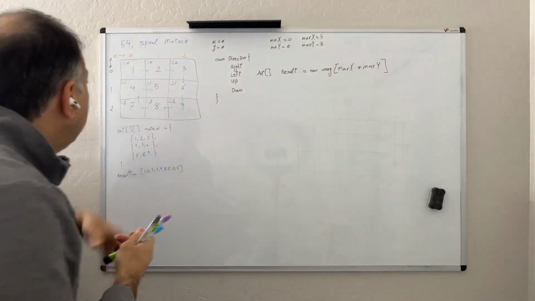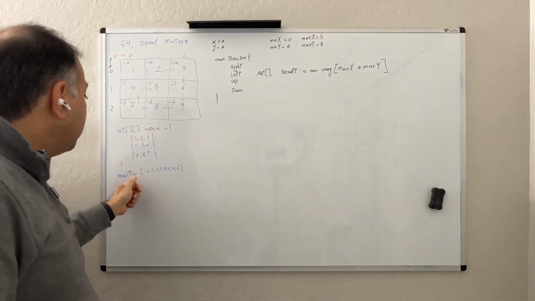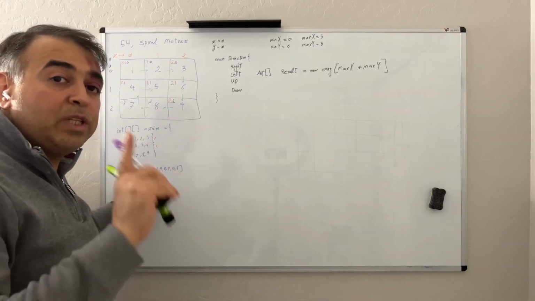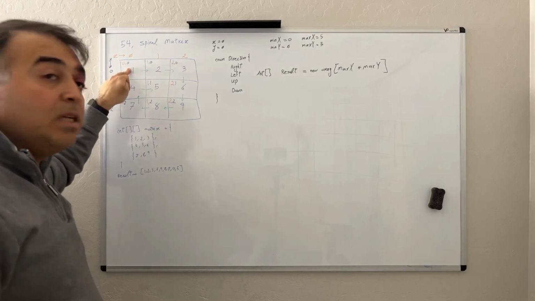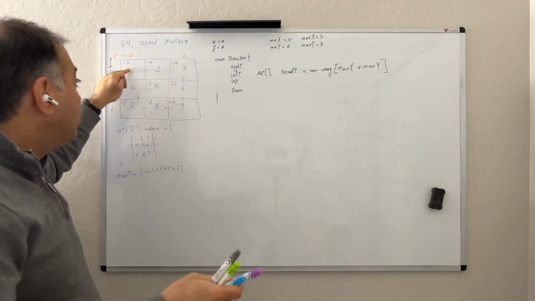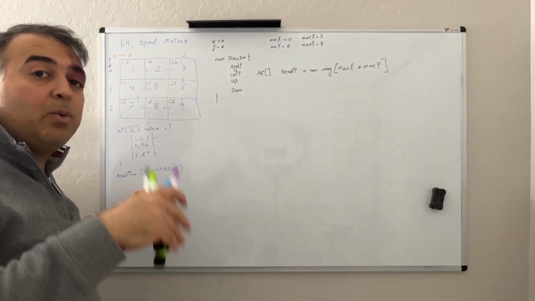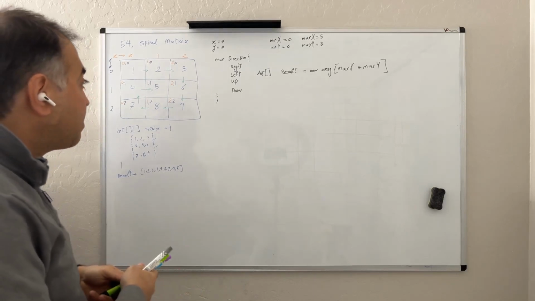So if this array is two dimension, 3 times 3, the result array will be one dimension with 9 elements. If this array is two dimension, 4 times, for example, 3, the result will be a new array with 12 elements.